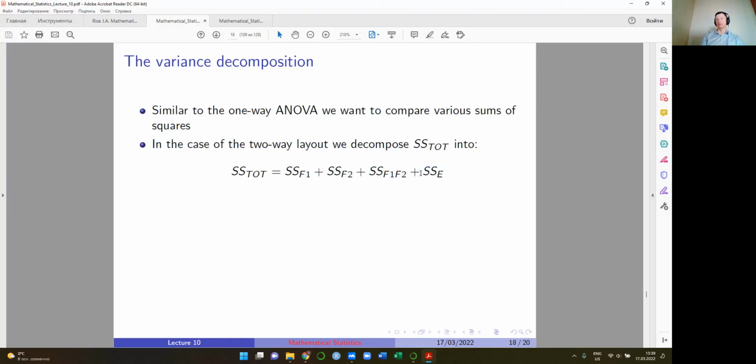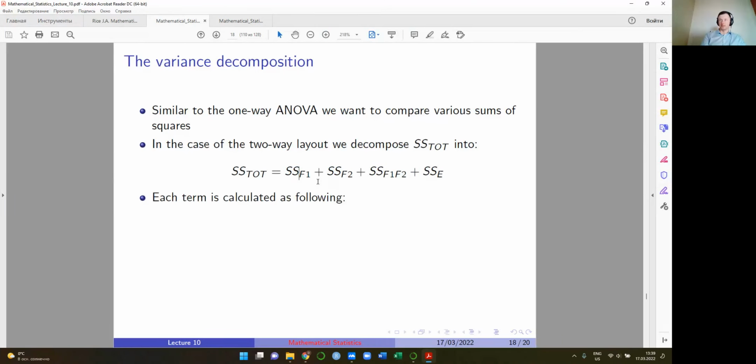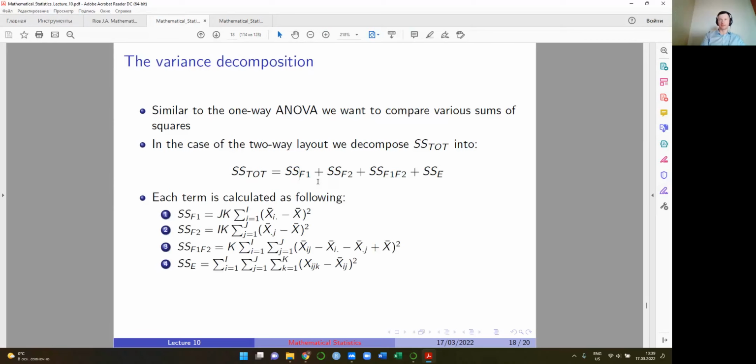We can think of the error as the sum of squares within, and all of the others are between, but it is better to denote them as factor 1, factor 2, and the interaction. So the calculation looks like this. Let me skip this part. We will not calculate this manually.